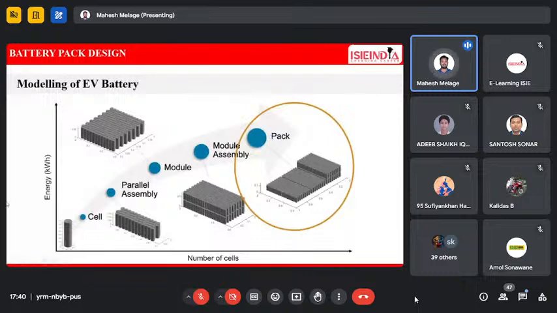First is the cell. Next, cells are assembled in parallel. They generate the module, then the sub-module, and last is the battery pack. In this way we can connect and design the battery pack: first assemble in parallel, then modular assembly, and then the battery pack.